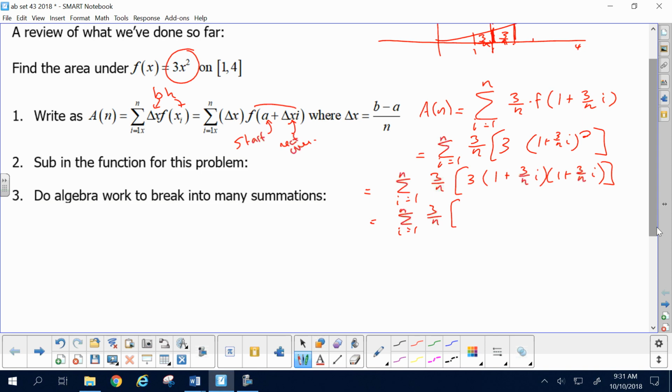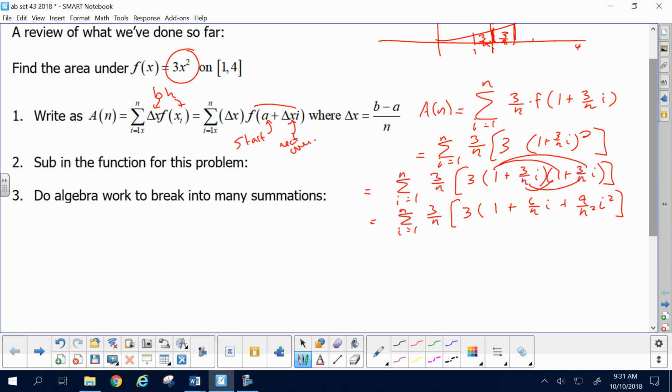So when I go to expand this out, I have 3 times first 1 plus 3 over n i plus 3 over n i, so that's a total of 6 over n i's plus 9 over n squared i squared.